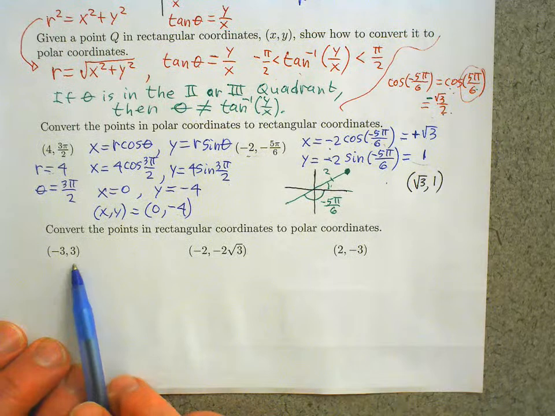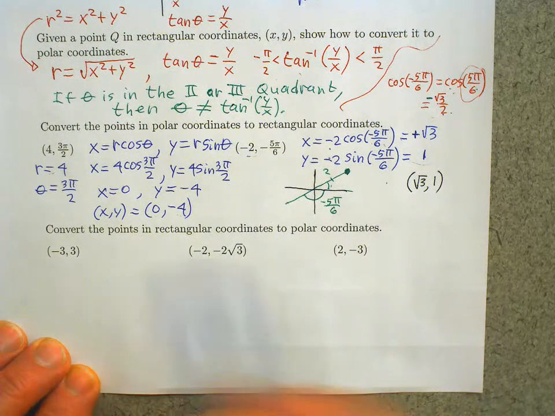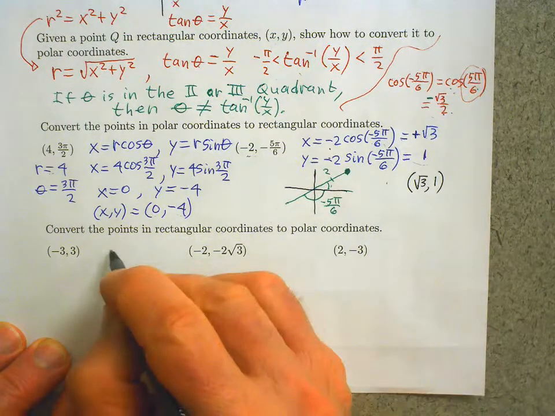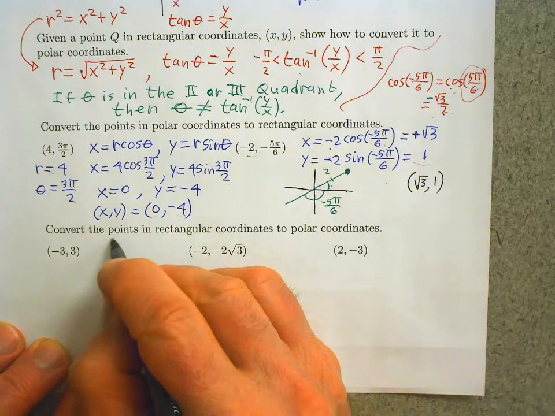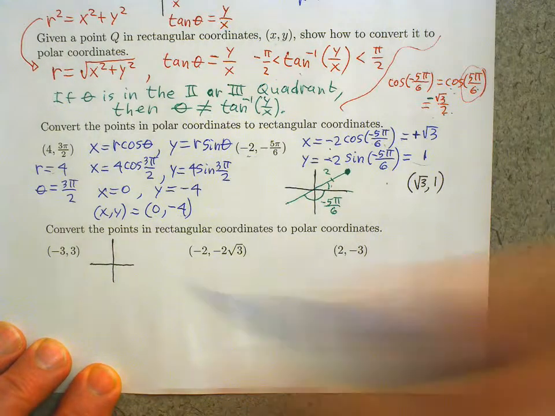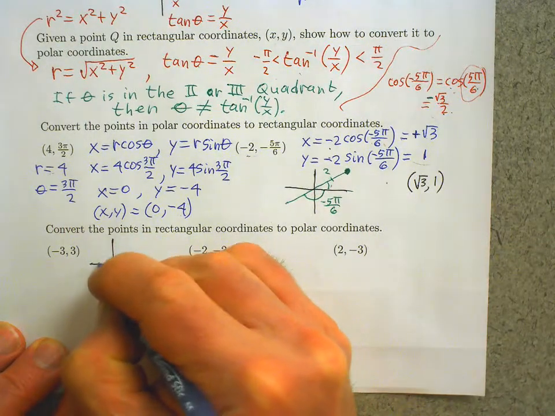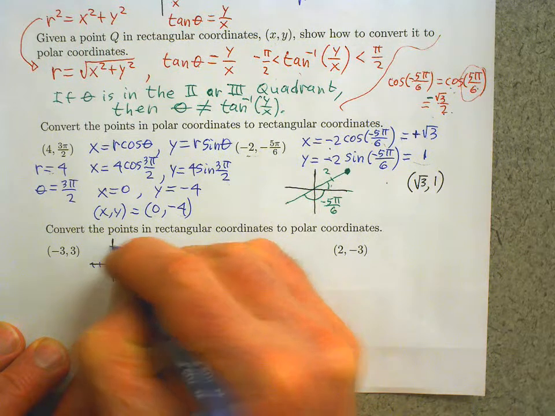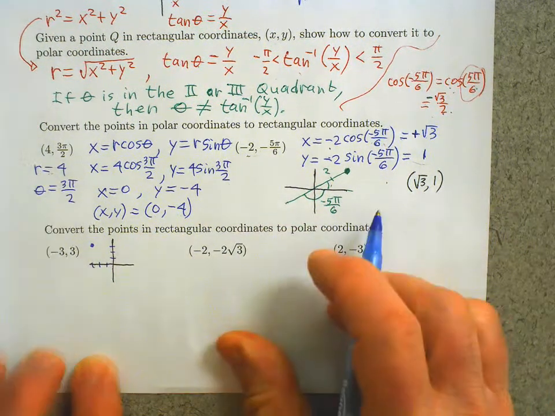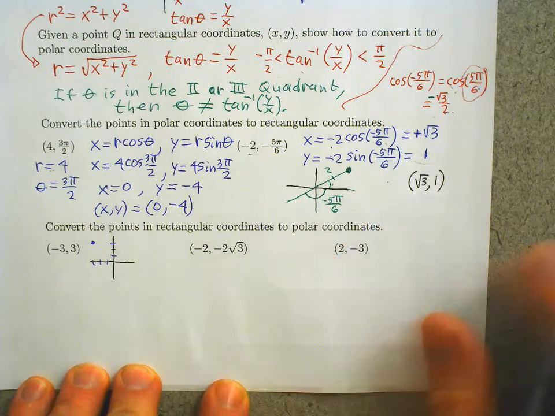Okay, so this point, negative 3, 3, is in the second quadrant. Let's just observe that first. Negative 3, 3. It's in the second quadrant.